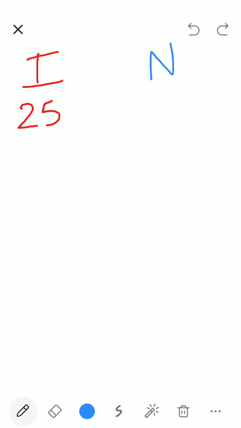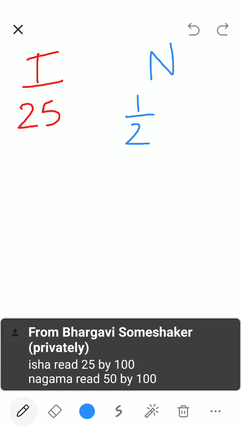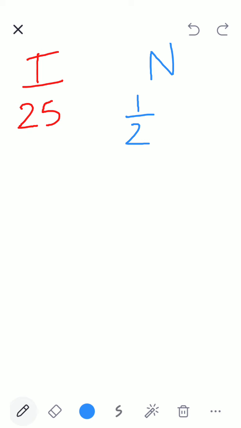Nagma read 50 pages, correct? She read half. And how much did Isha read? 25 pages. So Isha has read 25 pages. Very good, Bhargavi. And Nagma read half the pages. Is it correct?